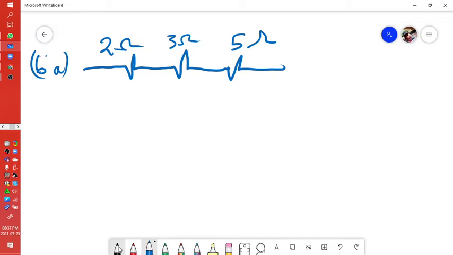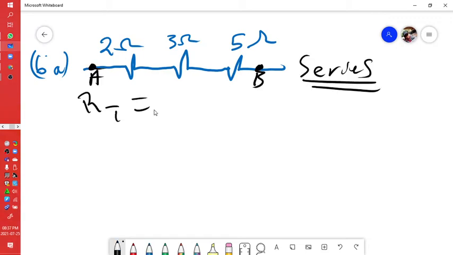What kind of connection is this? So you have identified it as a series connection. Fine. Since this is a series connection, according to the table that I gave you, in series, what do you do? You add them.